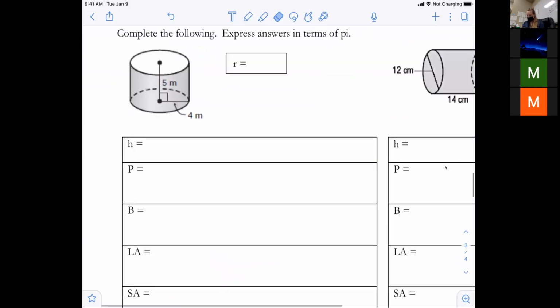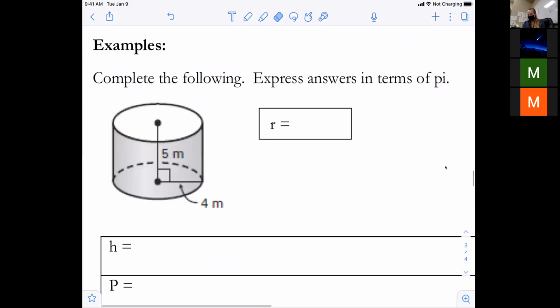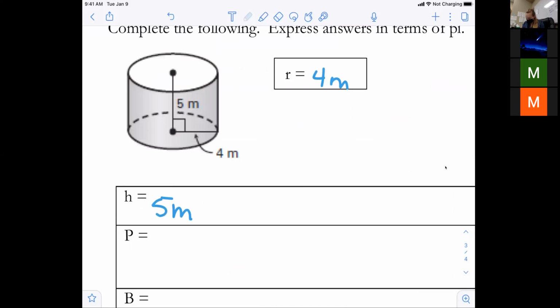The first one, okay, what's my radius of this picture? 4. Let's put units with everything. So I'm going to say 4 meters. What's the height of this cylinder? I think I heard 5. Remember, perimeter is your circumference. So perimeter is going to be 2 pi r.